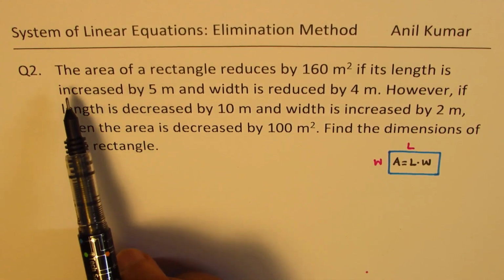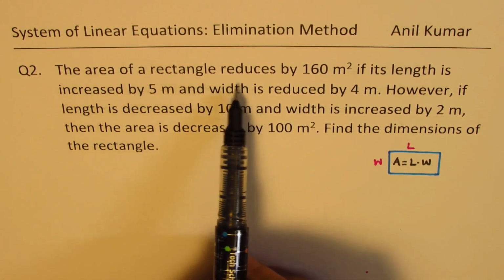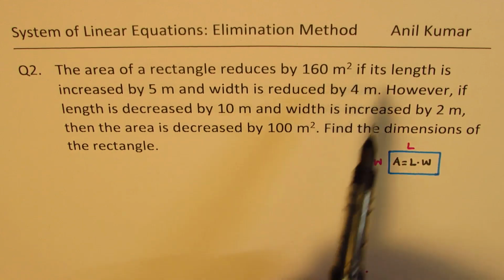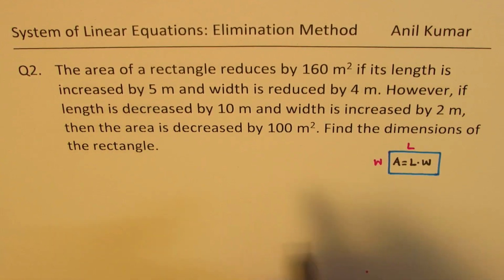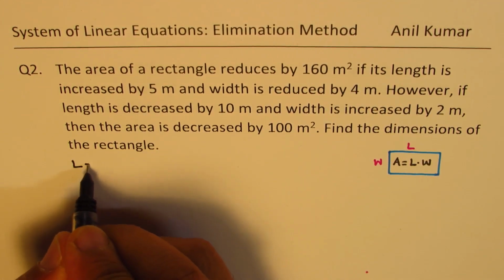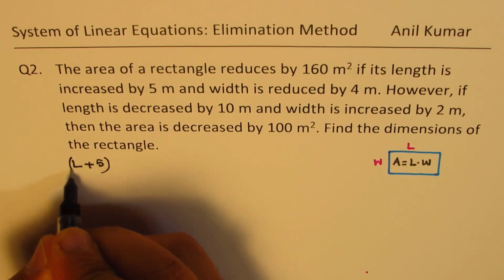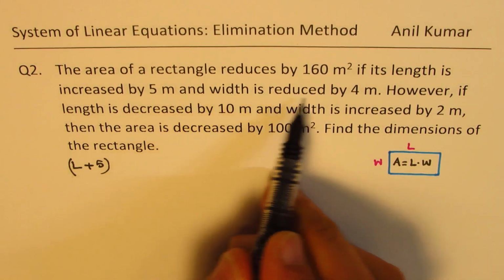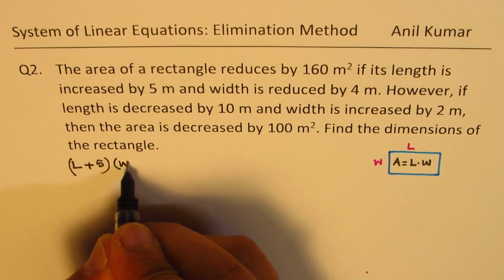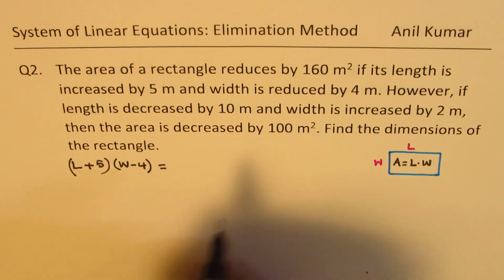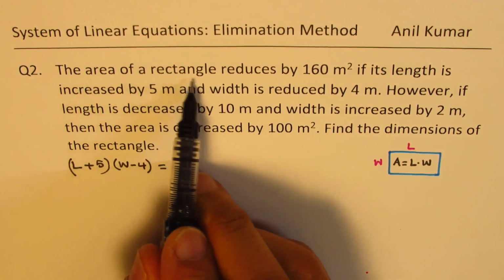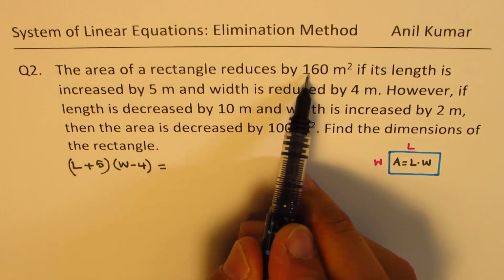Now what we are saying here is that the area of the rectangle reduces by 160 meters square if length is increased by 5 and width reduced by 4. So we get an equation.